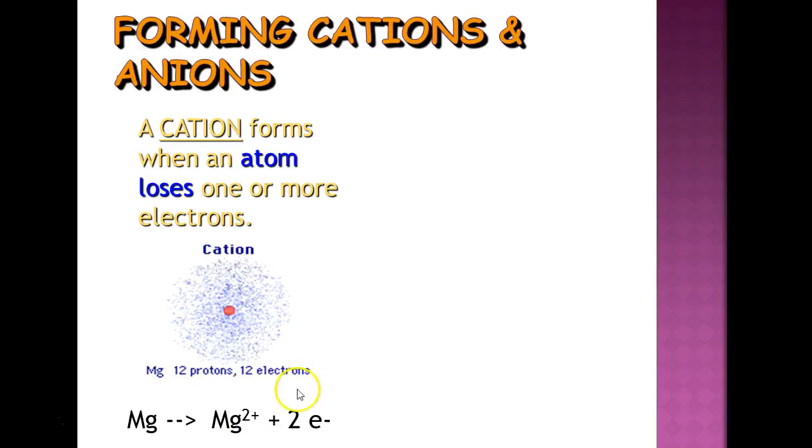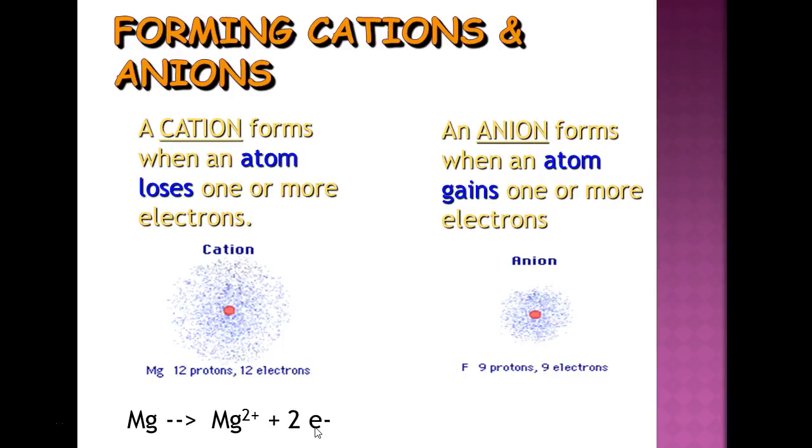So here's the cation plus the 2 electrons it lost. An anion is an atom that gains 1 or more electrons. So here is fluorine. It gains an electron to become more stable, so it becomes fluoride, the ion, and we show it with the symbol negative, no number, or 1, as its ion symbol.